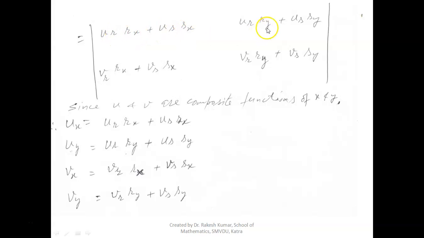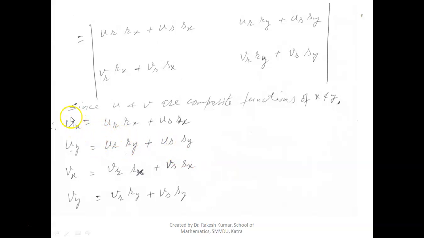This is the multiplication. Since u and v are composite functions of x and y, del u by del x can be written like this by the definition of total derivatives, and these expansions can be written like this.